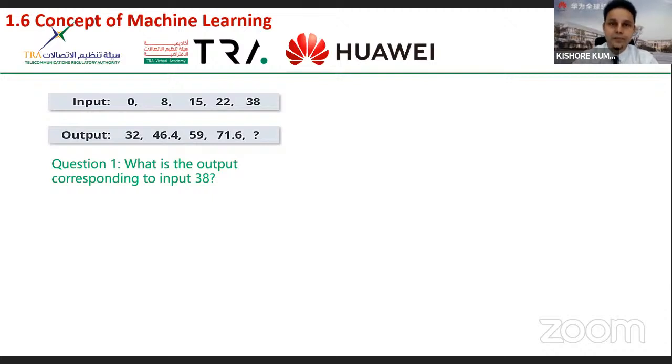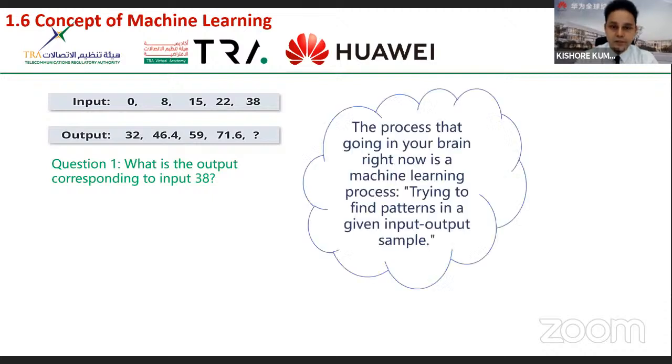Please think about it. Well, I know you are all smart enough to guess this, or maybe it doesn't matter if you don't guess it at this point. But the way you're thinking to get this answer is already the way of machine learning. Because you're given the input and output, what you're trying to do is guess the inner meaning or the pattern of this number set to get the answer.